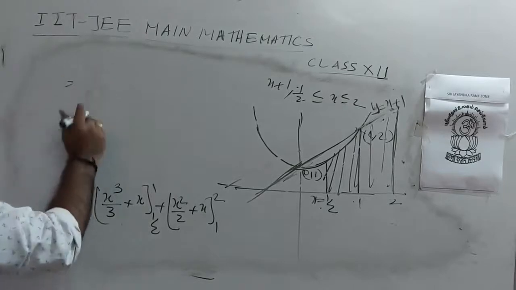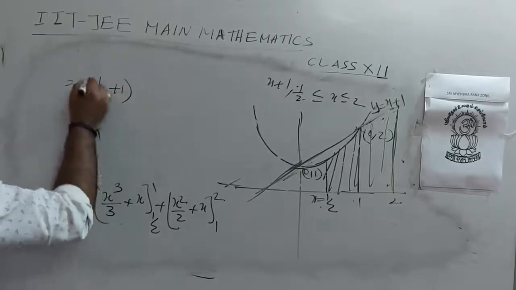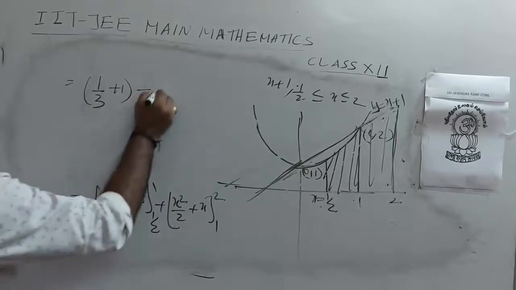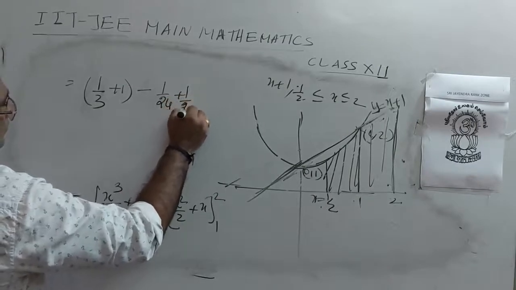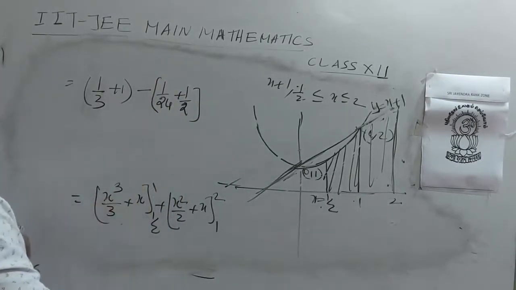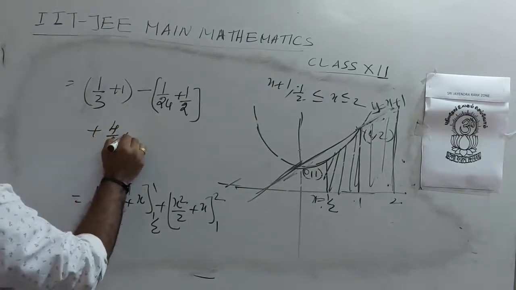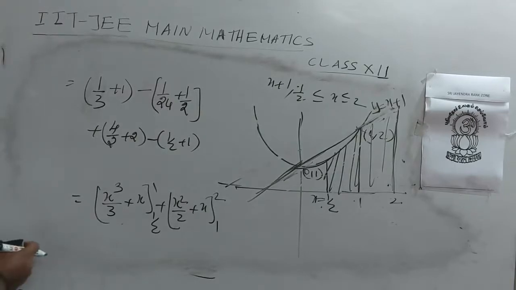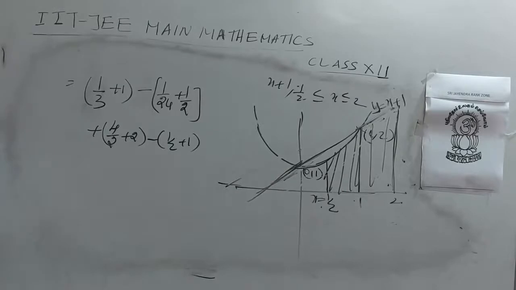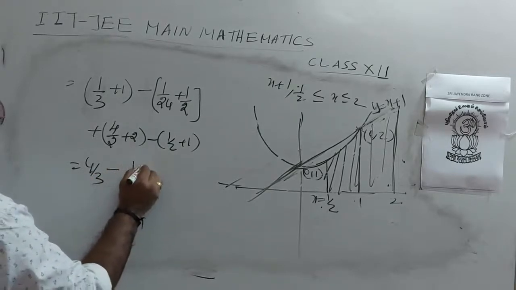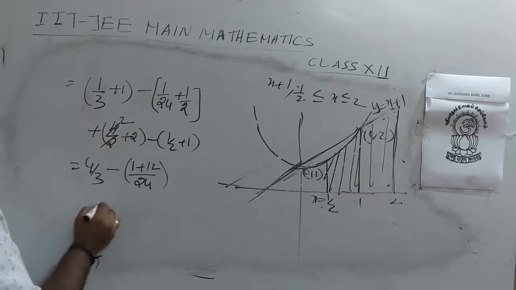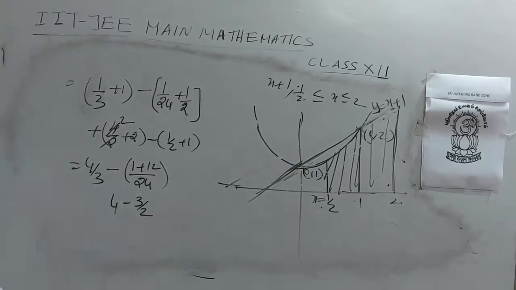Upper limit, that is 1 by 3 plus 1, minus lower limit, 1 by 24 plus half, plus 4 by 2 plus 2, minus 1 by 2 plus 1, that is 4 by 3 minus 13 by 24, plus 4 minus 3 by 2.